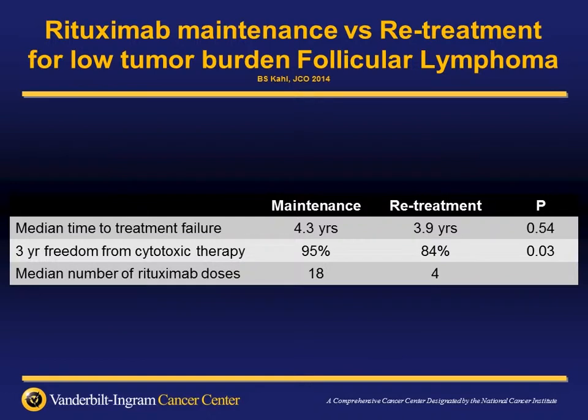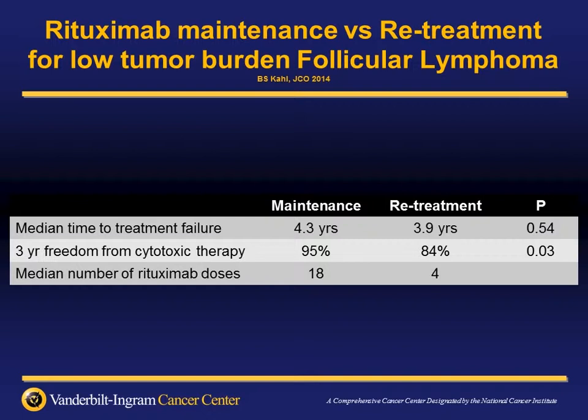And Brad Kahl from ECOG reported this trial, which was comparing rituximab maintenance versus retreatment. So basically, this is Arm B versus Arm A of that last trial. So just 4 doses of rituximab, and then you watch the patient, or you put them on rituximab maintenance. And the median time to treatment failure was similar at 4 years.